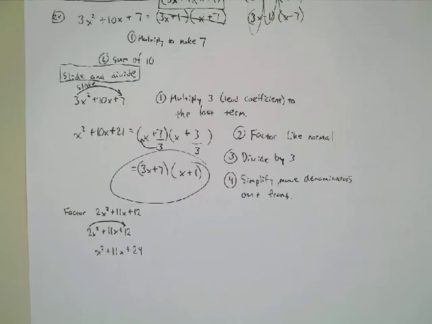So that's the slide part. Slide the 2 back to the 12, make it 24. And now we have something with the lead coefficient of 1.